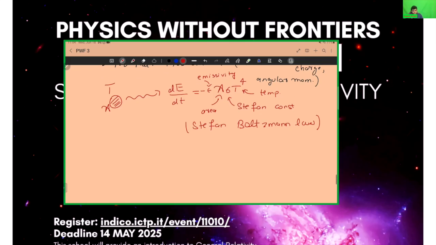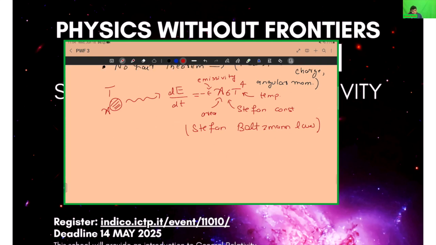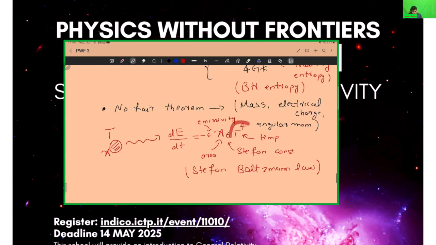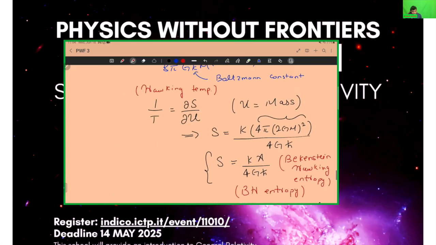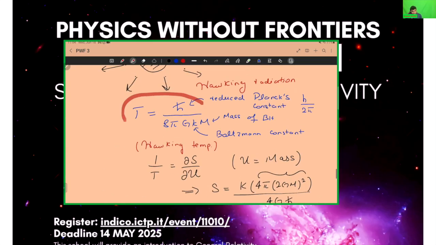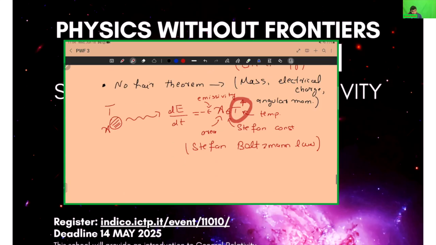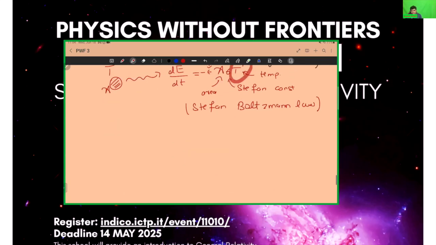Okay, so using this formula, you can show that the black holes have a particular lifetime. Using this formula, you can see how much time it takes for a black hole to completely evaporate away. You have to use this formula for T, which is given here, and you have to use the fact that energy for a black hole is just mass.